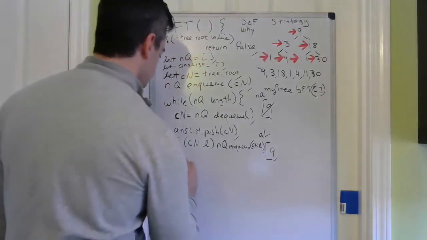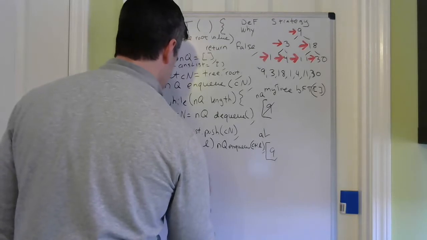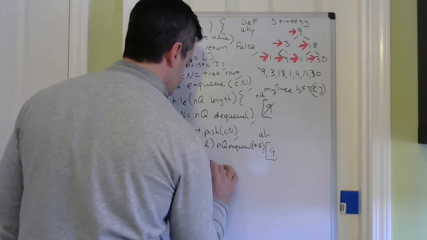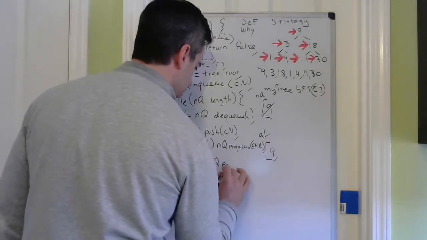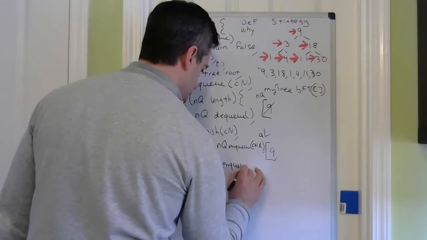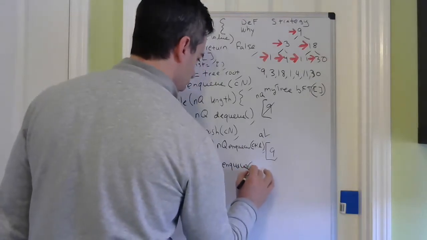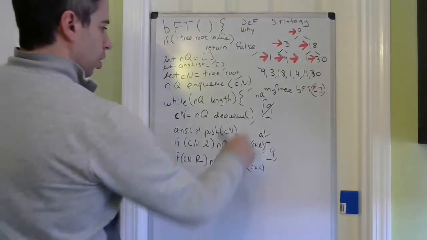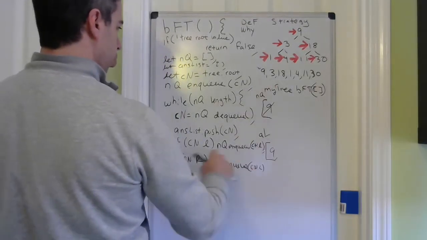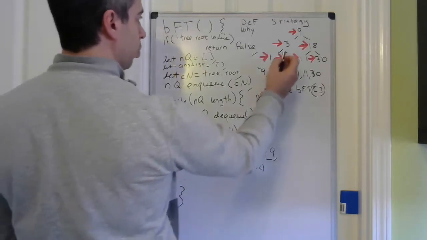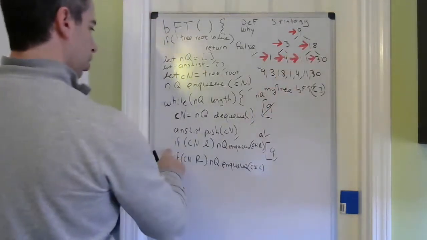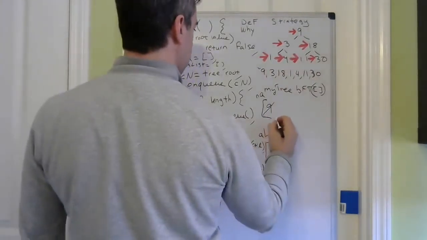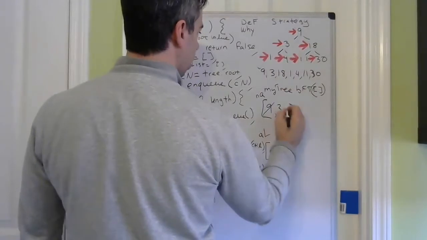And same for the right. If we have a current node dot right, we want to add that to the queue as well. Great. When I've taken off 9, we have a 3 and an 18. We have a left, we have a right. We're saying put those in the node queue. So 3 and 18 go in.